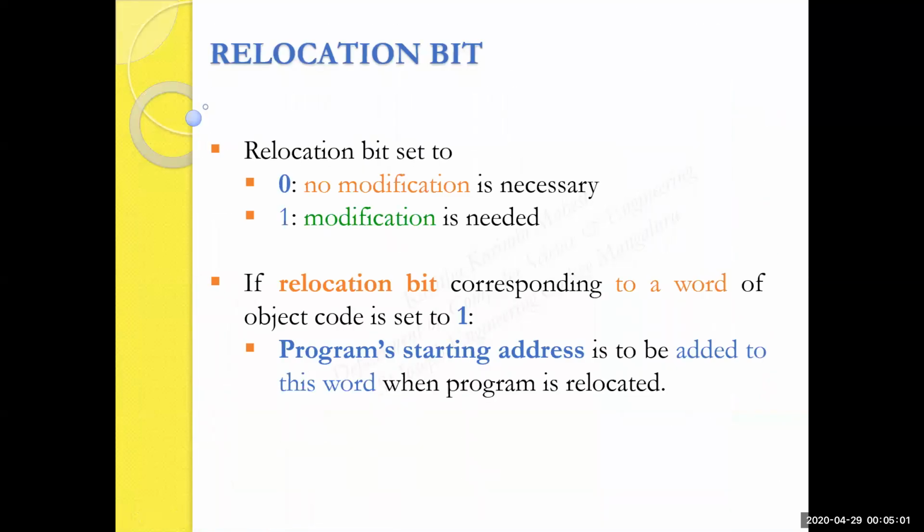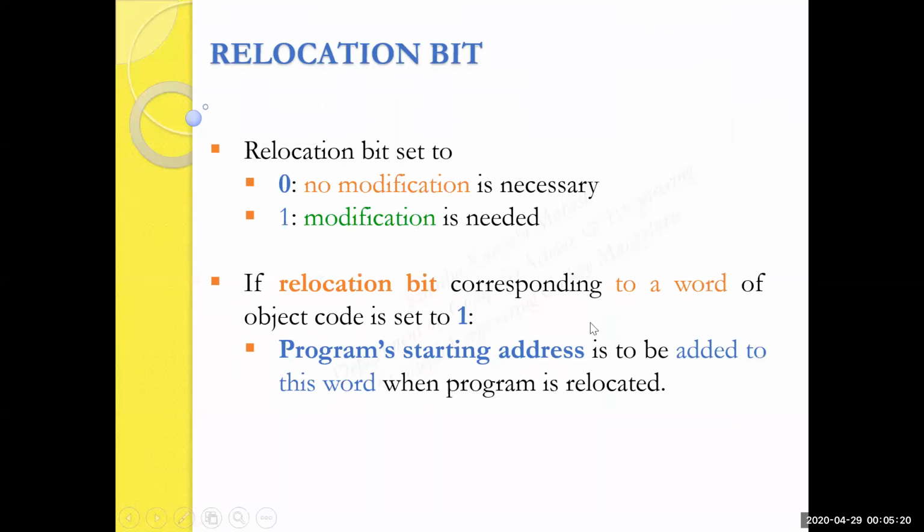So in the relocation bit technique, we associate each 3-byte code with the relocation bit, and the relocation bit set to 1 means that the instruction will require a modification, while the relocation bit set to 0 means no modification is required.